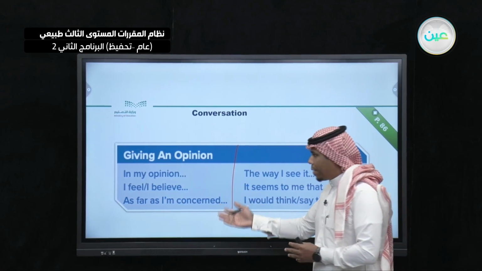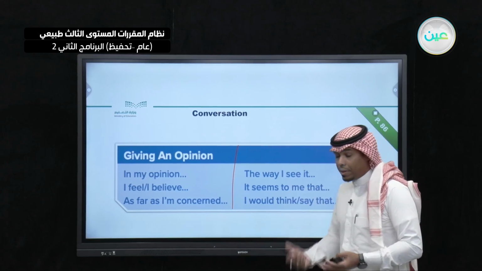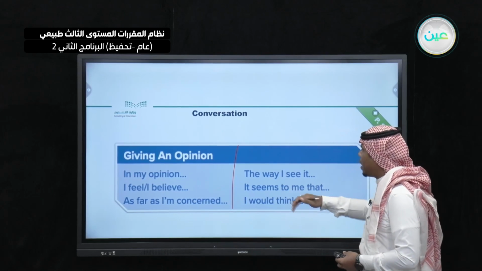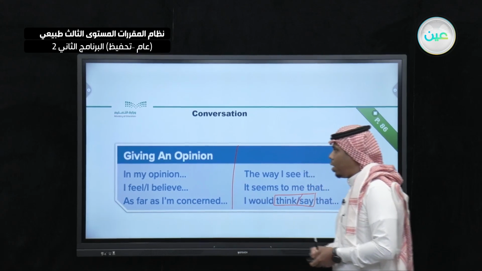As far as I am concerned, the way I see it, it seems to me that, and I would think or I would say that. Use only one of them, not both together. Then you state your opinion, using it as an introduction.